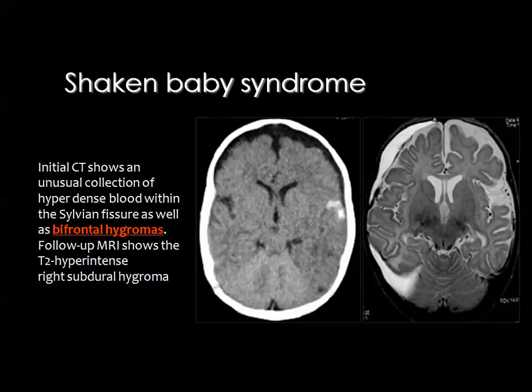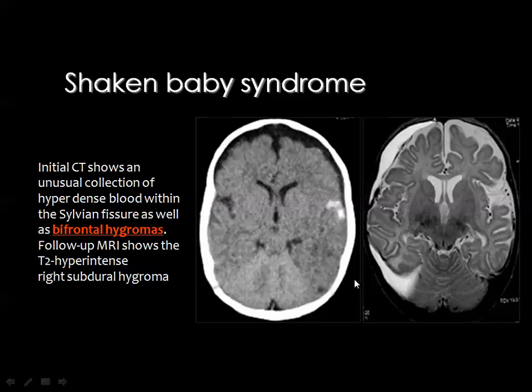Then any shaken maneuver will result in variable damage to the brain. Then it is recommended not to shake your infant by any means, because at that time he is liable to develop brain injury because of this shaking procedure. And I will show some of the examples which are included under this title, the shaken baby syndrome.